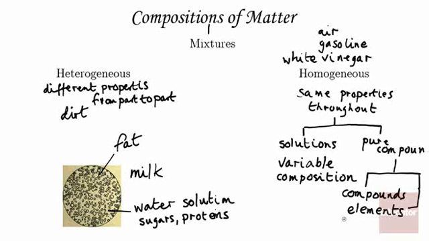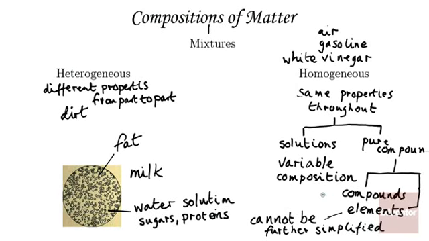We'll define elements in a more rigorous way later on, but for the time being, let's just take it that an element cannot be further simplified, whereas compounds can be broken down into elements.